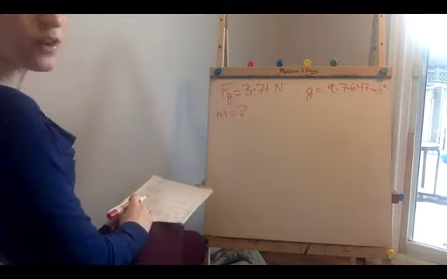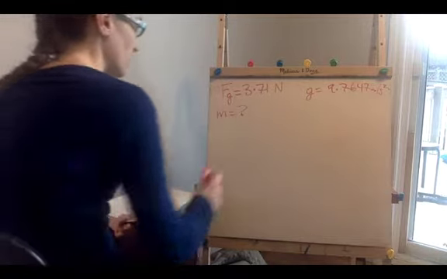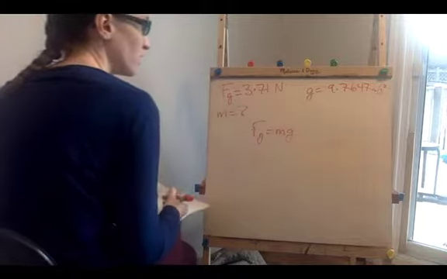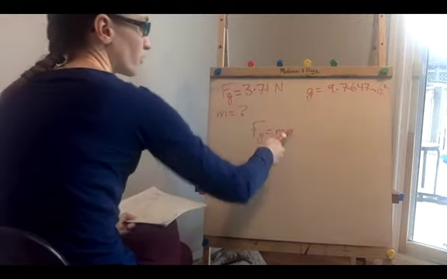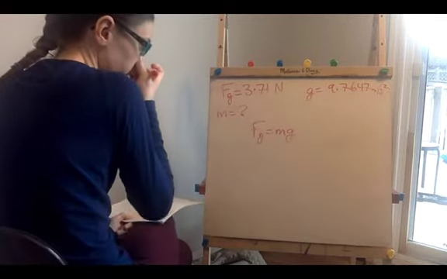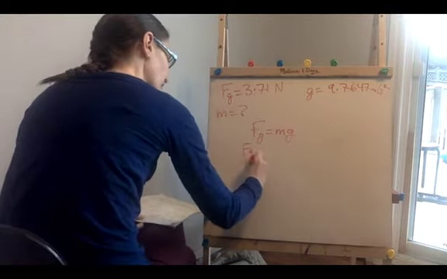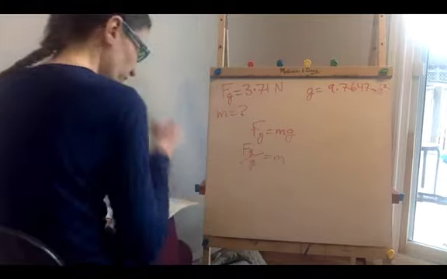Okay. Now this is a fairly straightforward equation here. It's just weight is equal to mass times the force of gravity. We have the weight, we know the force of gravity, we just need to divide and get the mass, right? So it would just be Fg divided by g is equal to m.